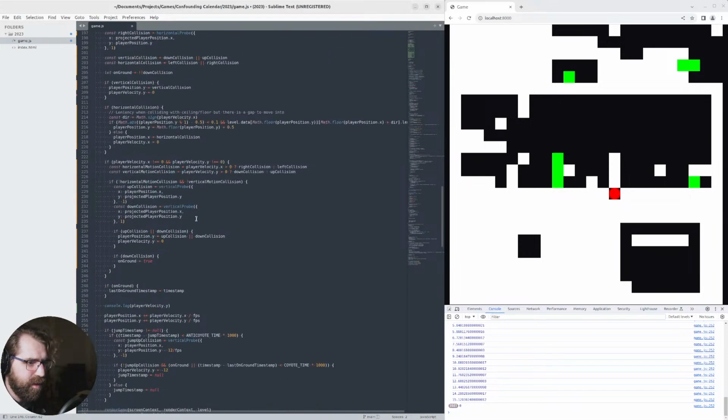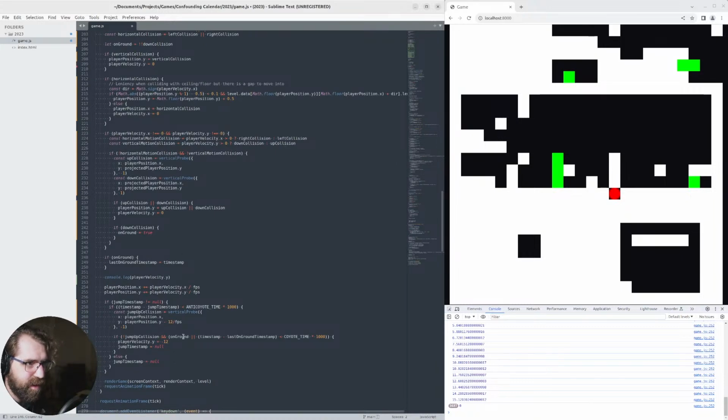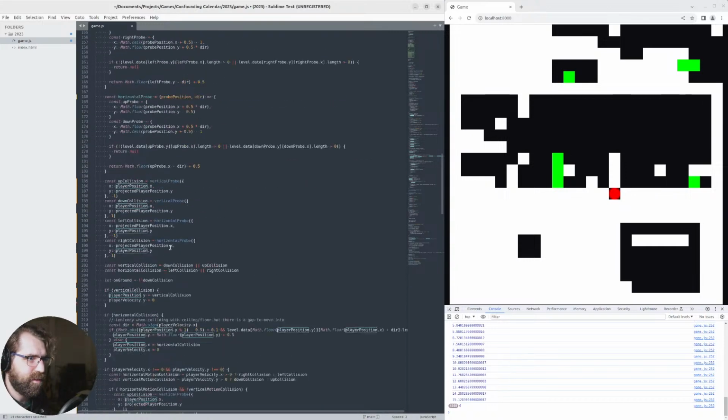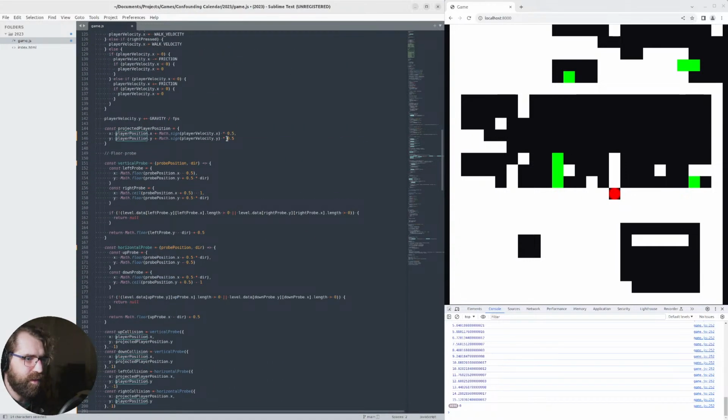And then there's another place where I'm projecting forwards, down here. It was this. Oh wait, this player position is not... Yeah, this is not in pixels. This is in cells. So I'm going to do 0.5 or something like that.